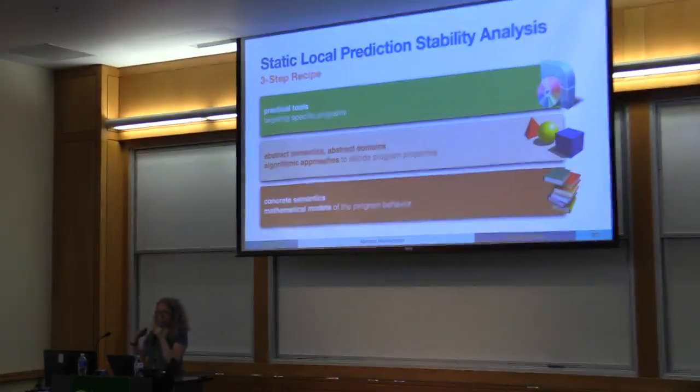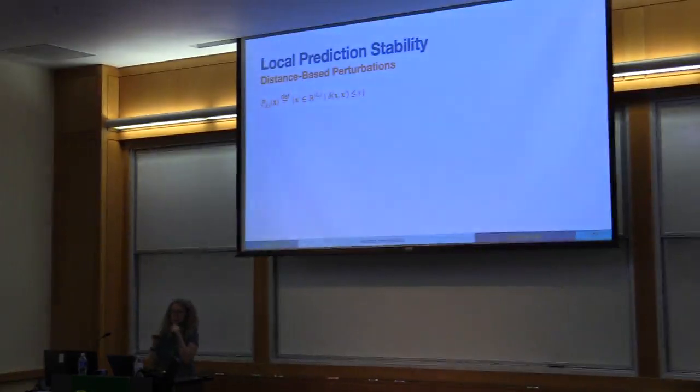First step, we need to formalize properly the property that we are trying to prove. In particular, we're going to focus on perturbations that are distance-based. So let's say we're going to have an input x, this is going to be an image, let's say. We define what is called the neighborhood of an image x.